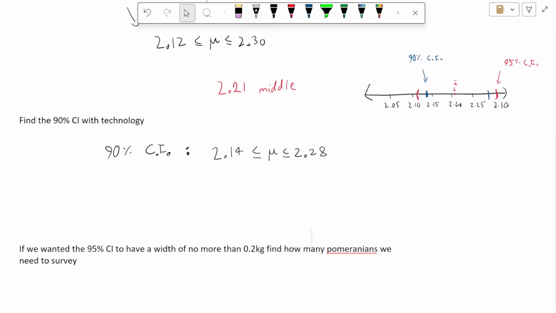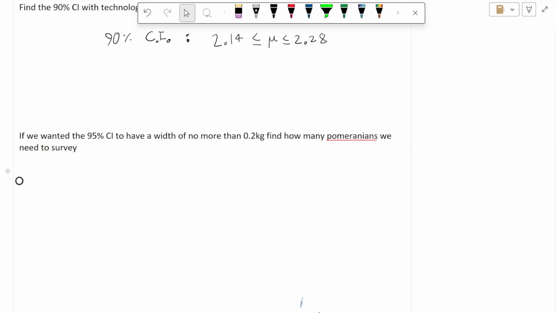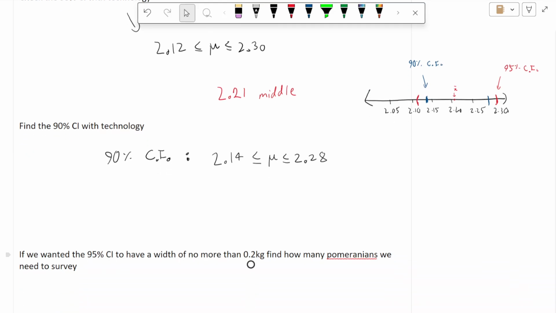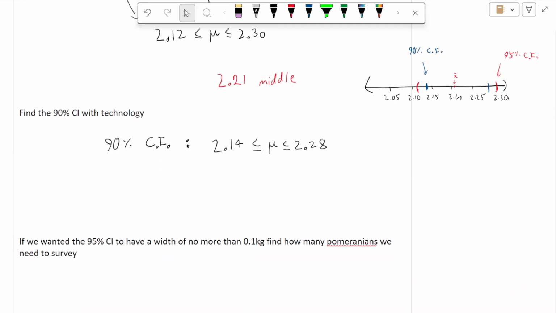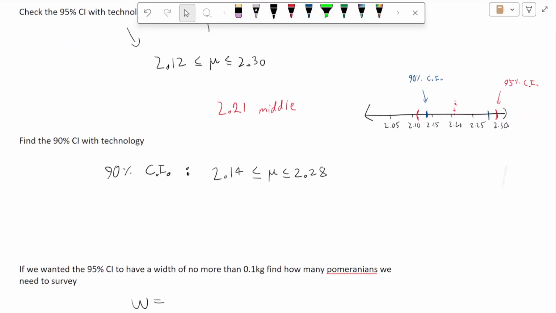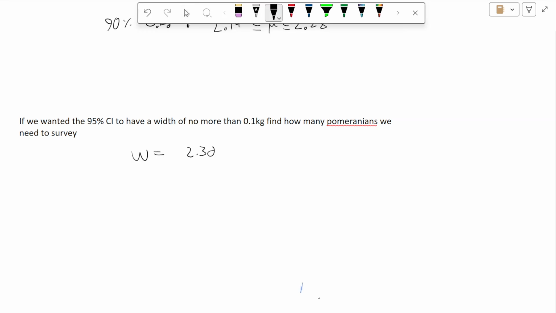Okay. If we wanted to make sure the 95% confidence interval had a width of no more than 0.1 kilograms, find out how many Pomeranians we need to survey. So currently, the width is 2.12 to 2.30. So it's 0.18 kilograms wide.